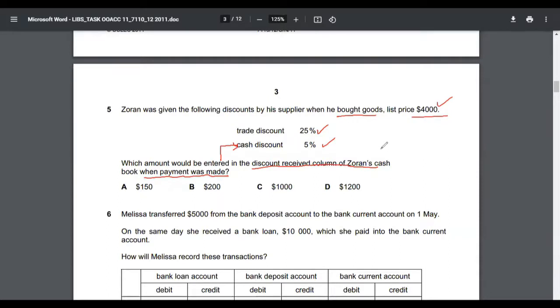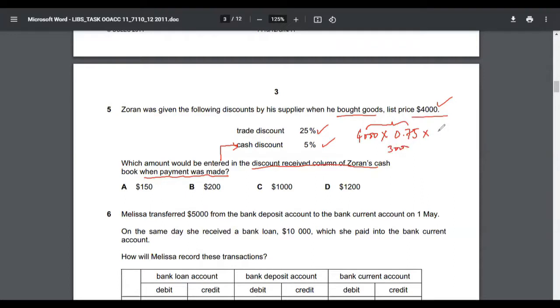So to calculate the cash discount, we would take the list price of 4,000 minus the trade discount. So basically, 75% of 4,000 would be paid, which is 3,000.